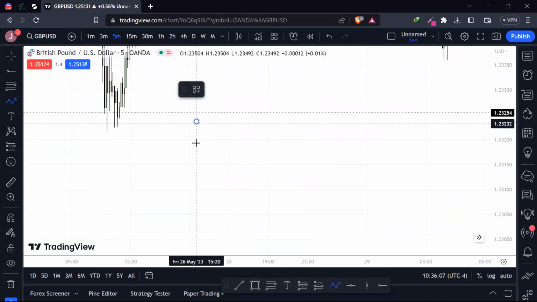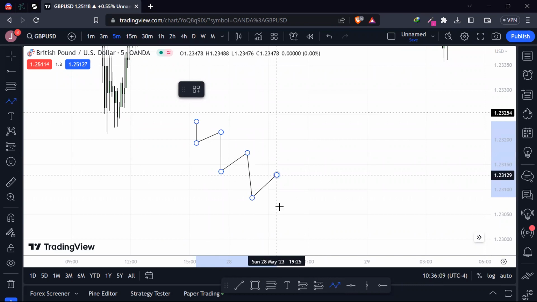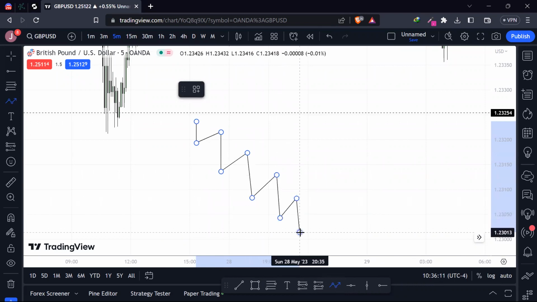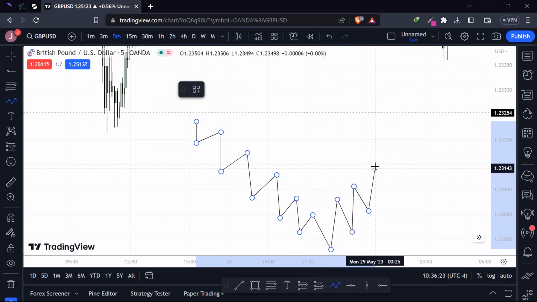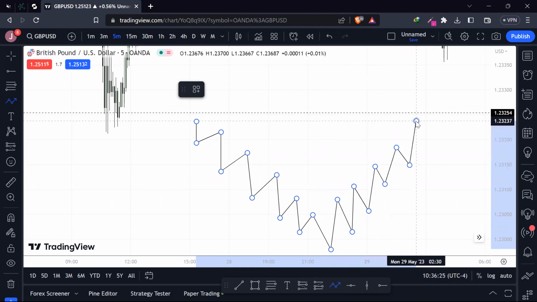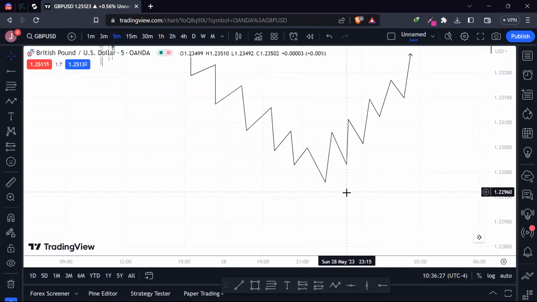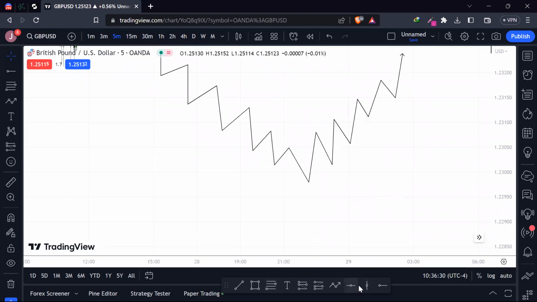The market was bearish for a long time, and if the market shifts like this and comes back, the market will change direction and you will see bullish prices.